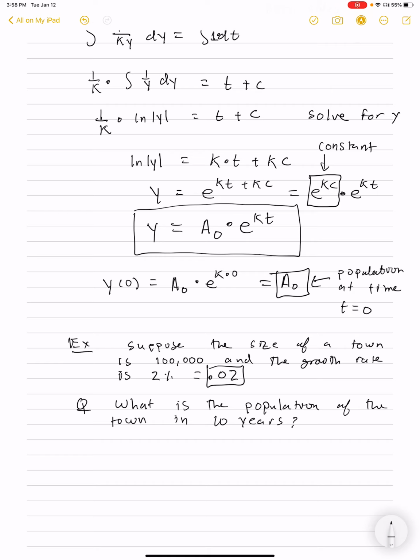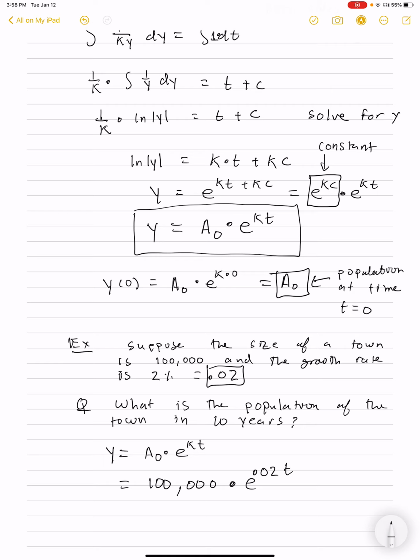And you'd use nothing more than this equation. y is equal to a0 times e to the kt, and we're just going to plug in 100,000 for a0 times e to the 0.02t.